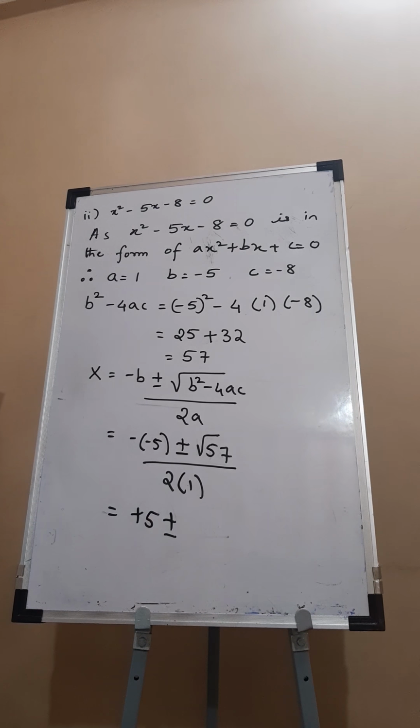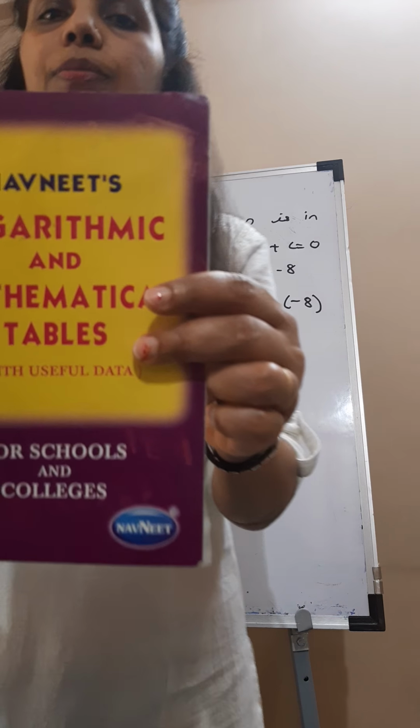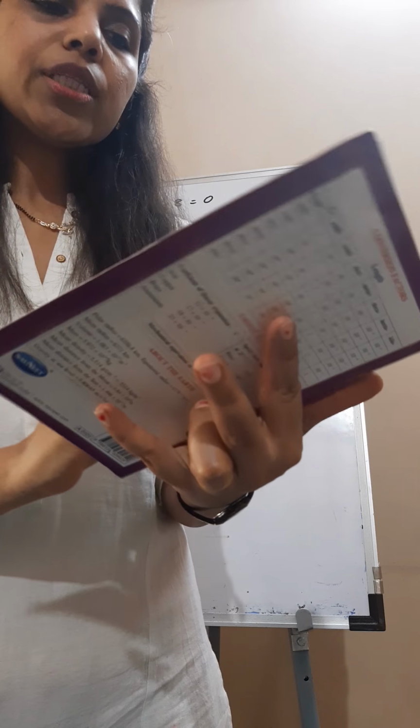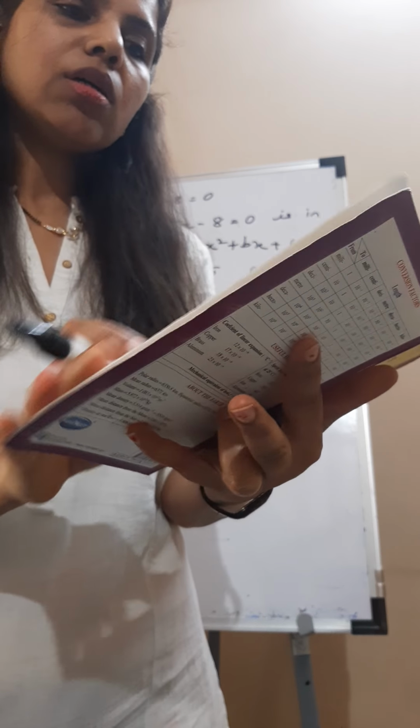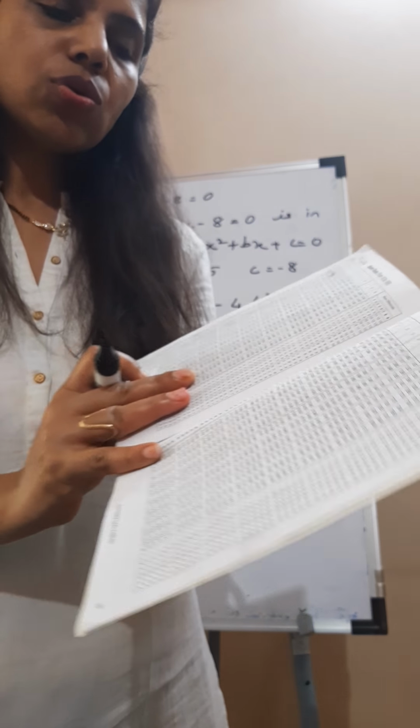Now for finding the value of root of 57 you have to use the log table. In that, open the page where it is written 10 to 100. Go to that page and you can see 57 is there.